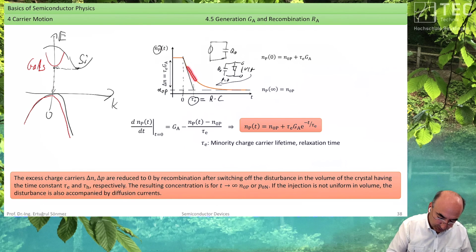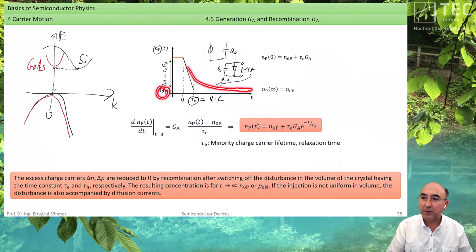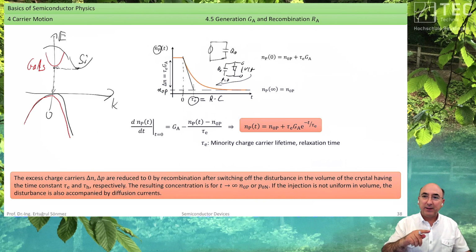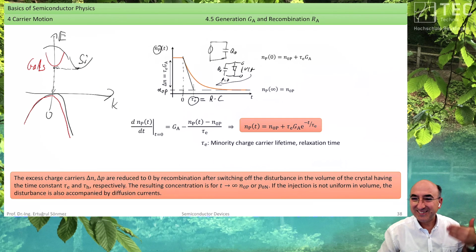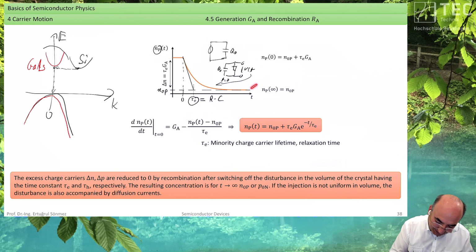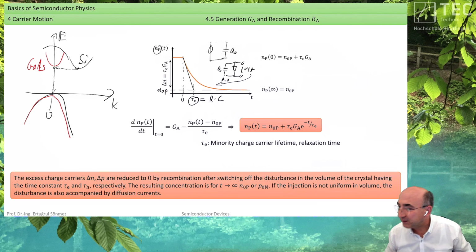The resulting concentration is the one you have had if you wait infinite long. It is the bulk minority carrier concentration defined by which law? Mass impact law. Okay, so here we are at the mass impact law. Okay, so that's the content of this slide.